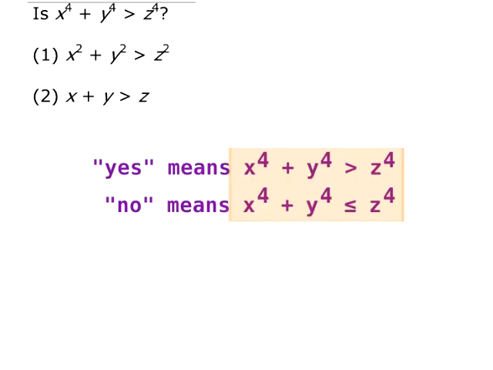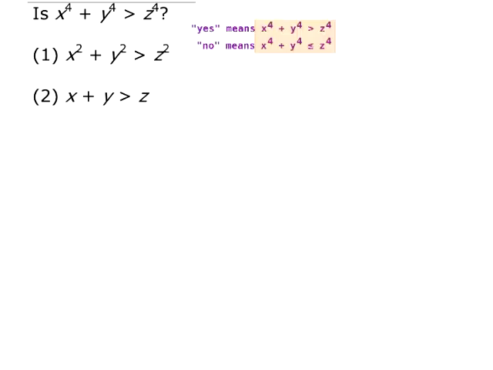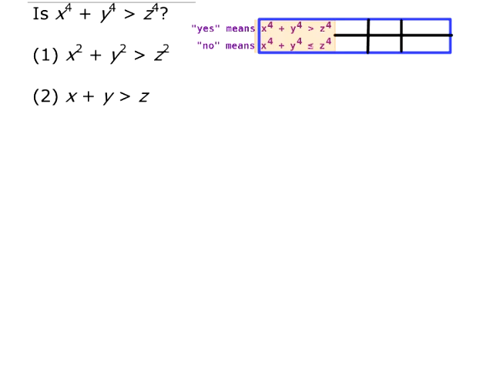What you should do is take those two possibilities and make them into two rows of an organizational device. And then you make columns for statement 1, for statement 2, and for both, if necessary. And then you put check marks in these things.